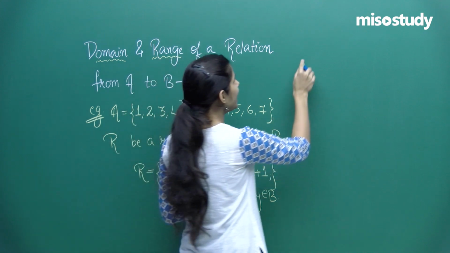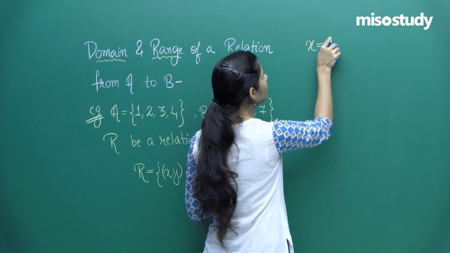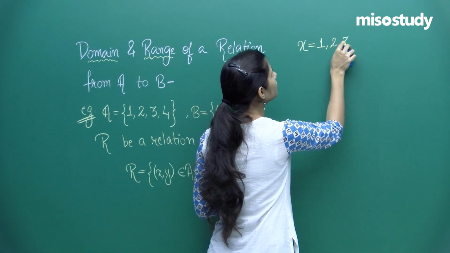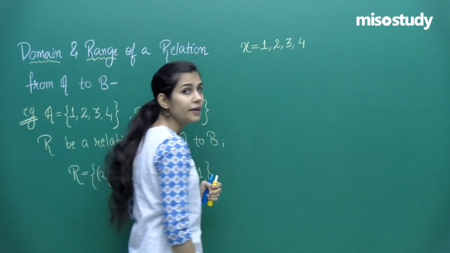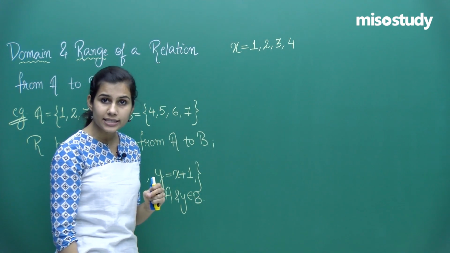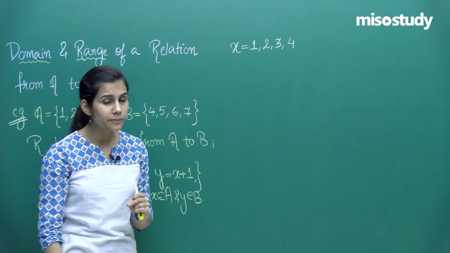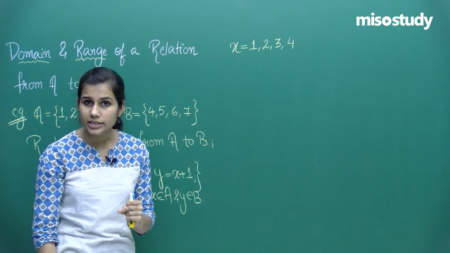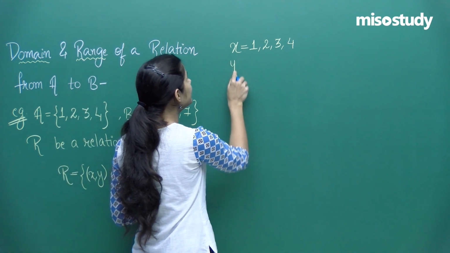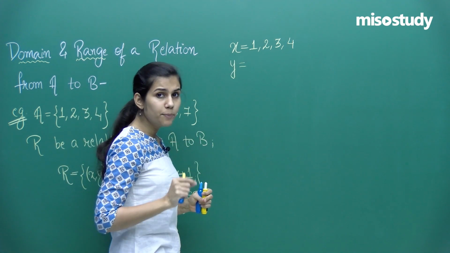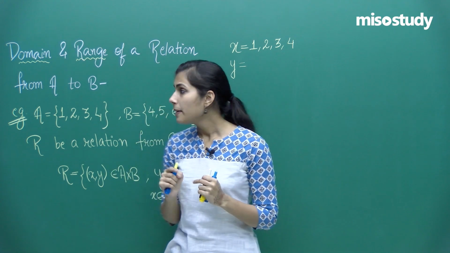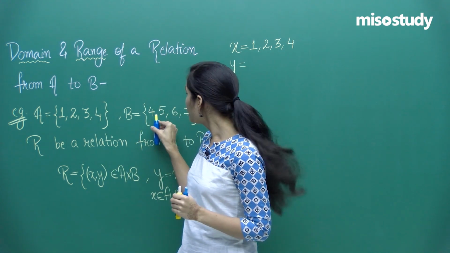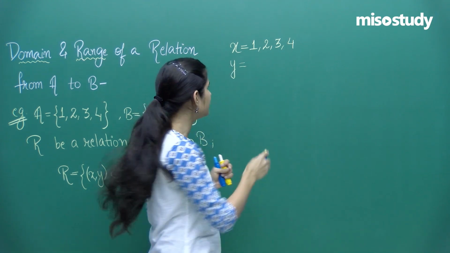That means X has possibilities 1, 2, 3 and 4. These are the possibilities for X, because X is the first element of the ordered pair and first elements always come from the first set. Whereas the second element, which is Y, has the possibilities which are the members of the set B: 4, 5, 6 and 7.